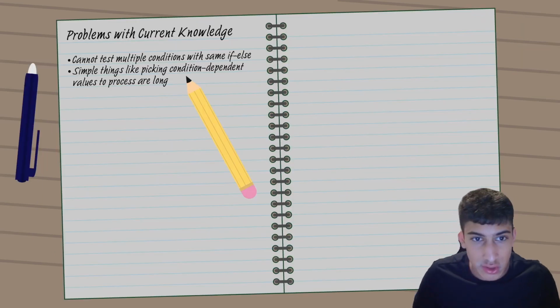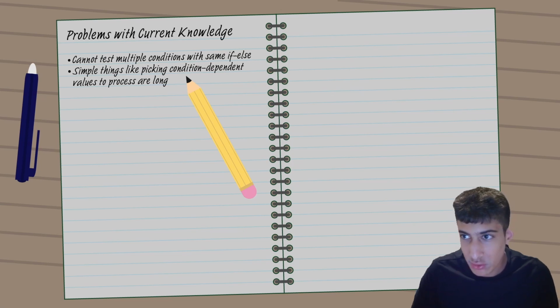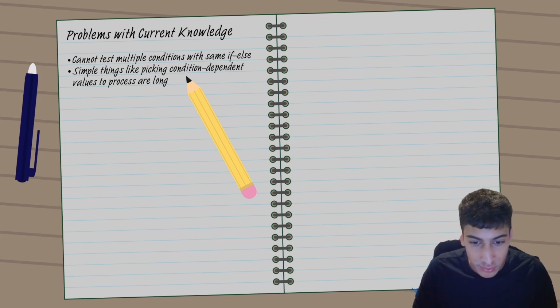So right now we know about the if statement and the else statement, as well as how to come up with basic conditions. However, the problem is that we cannot test multiple conditions with the same if-else statement, as in have else ifs to check other conditions as well.